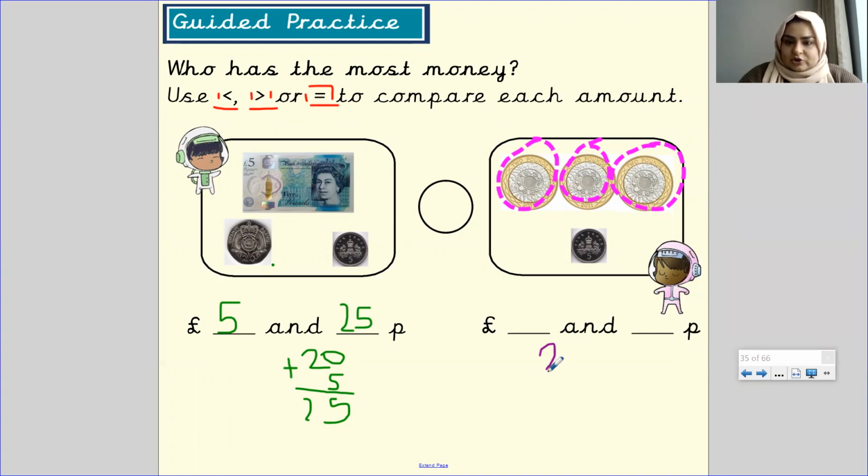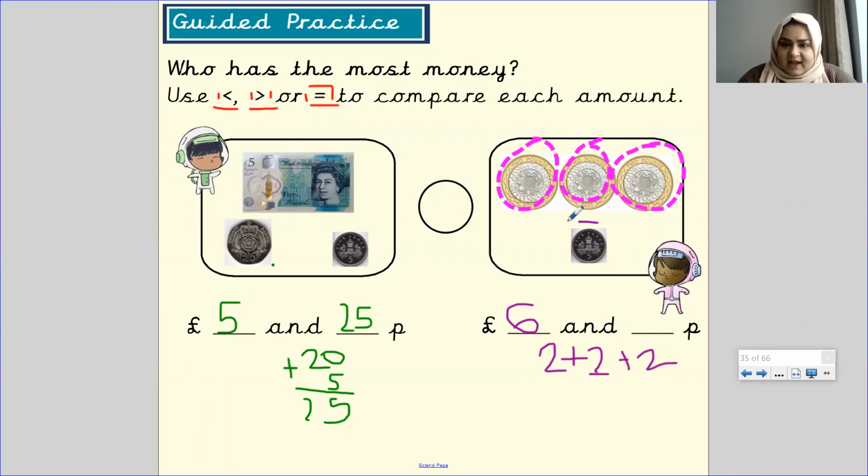So 2 add 2 add 2 gives me how much? 2, 4, 6. It gives me £6. And I've counted it in twos because it's repeated addition, okay? Because she has 3 lots of twos.